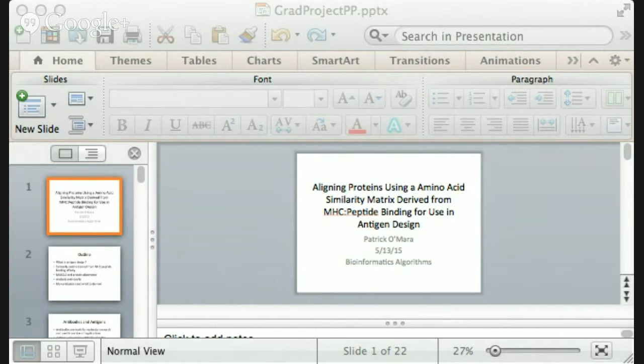So we're going to find the closest manually annotated protein from the Swiss-Prot database, perform an alignment between the two, and find the regions that are not similar.